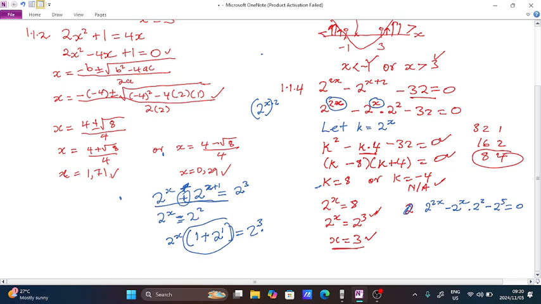Then if this one we are failing to factorize here, we cannot take out a common factor again. Why? Because this one is the double of the other one. So we cannot say 2 to the power x into 2 to the power 2.